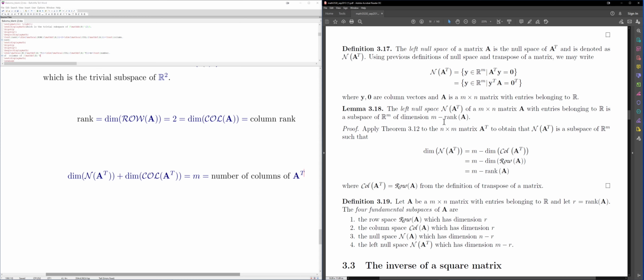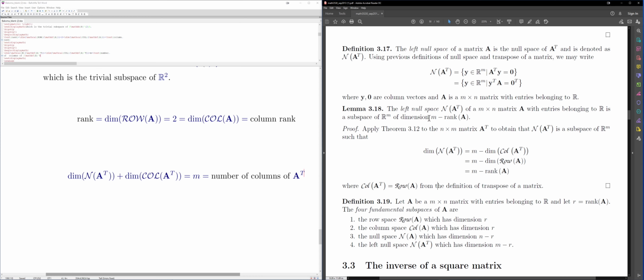If for some reason you already know what the rank of A is, and that's really not that hard to find, because if you have A, you could apply Gauss-Jordan and count the number of non-zero rows of the RREF that you get, so rank is relatively easy to calculate. So this formula is giving you a fast way to determine the dimension of the left null space, because sometimes you may just want the dimension of it.